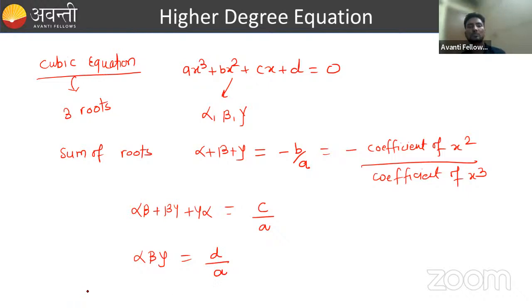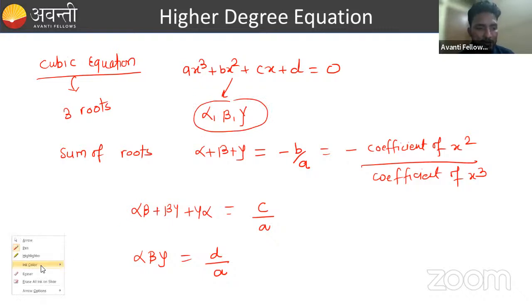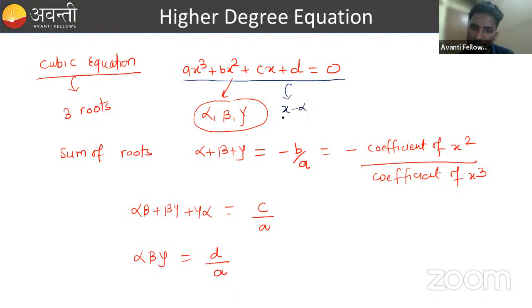So these are the rules. I have also told you that if ax cube plus bx square plus cx plus d is equal to 0 has 3 roots alpha, beta, and gamma, we can also write this cubic equation in this form: x minus alpha, into x minus beta, into x minus gamma is equal to 0.